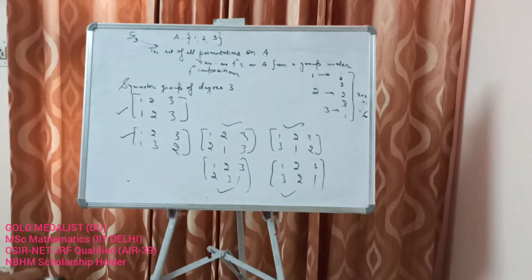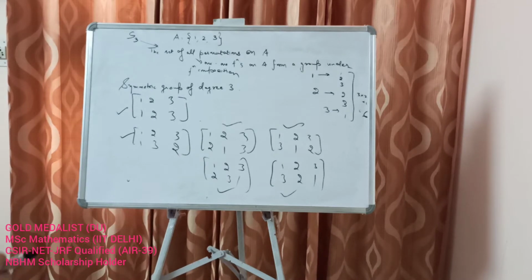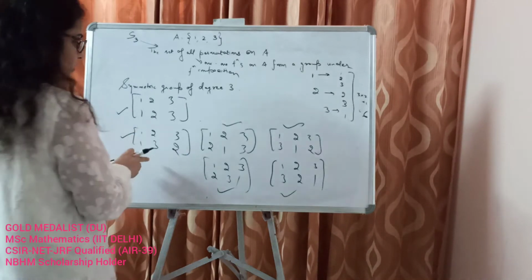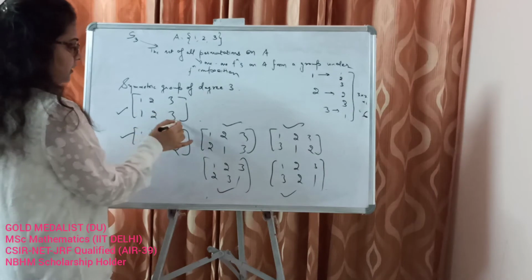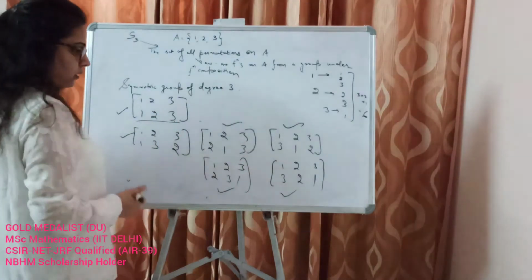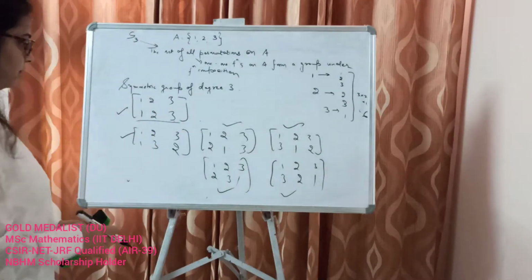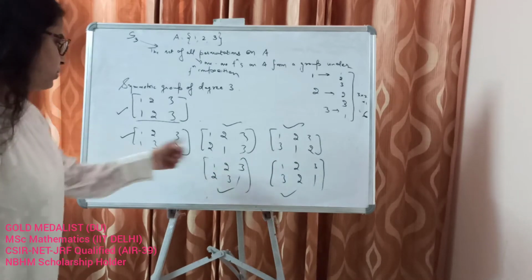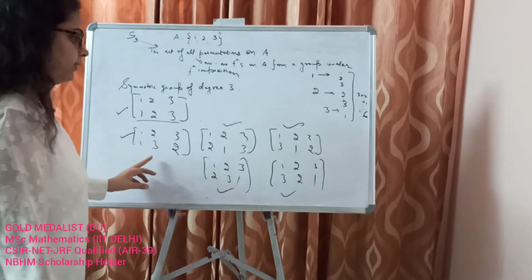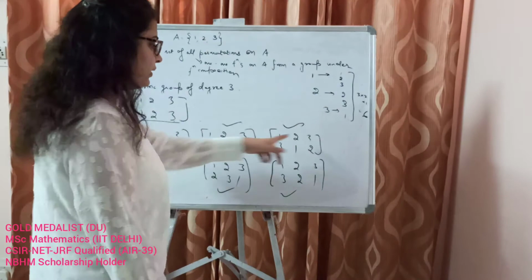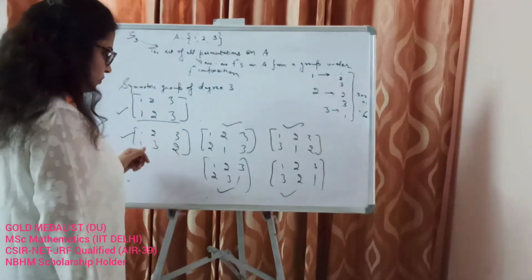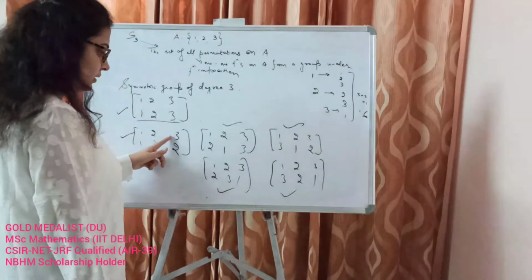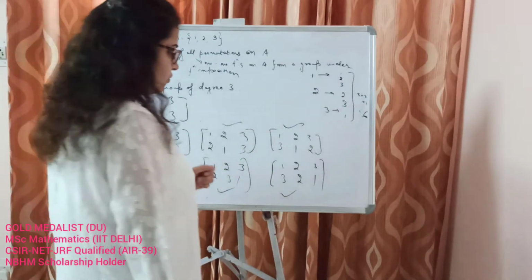Let's check if all of them are different permutations. This is different. None of these is identity except this one. Let's find out if any one of them is the same. These two are different: 2 goes to 3, 2 goes to 1. 2 goes to 3, 2 goes to 3. This is different: 3 goes to 2, 3 goes to 1.